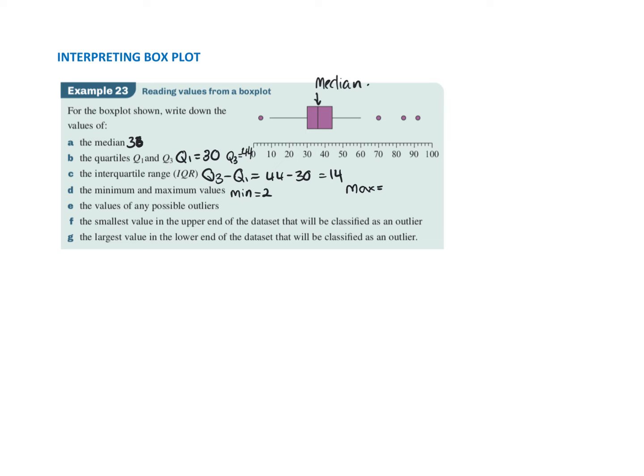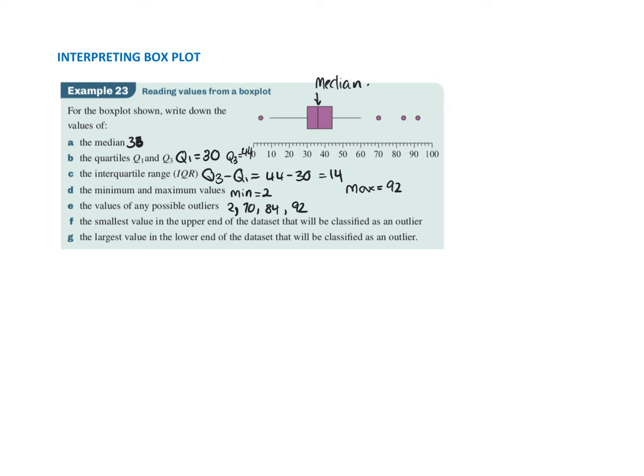Or what is it? 92? 92. Okay. The values of any possible outliers. So we just would be reading off the dots here, because we don't have the lists of data. So we're just reading off the dots, and it should be fairly clear in an exam, even though this one might not be. So I'm going to say 2, 70, is it 84 maybe? Yeah. And 92.